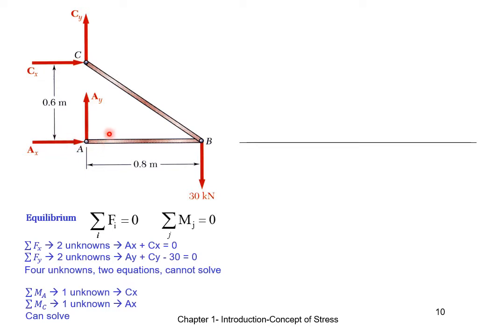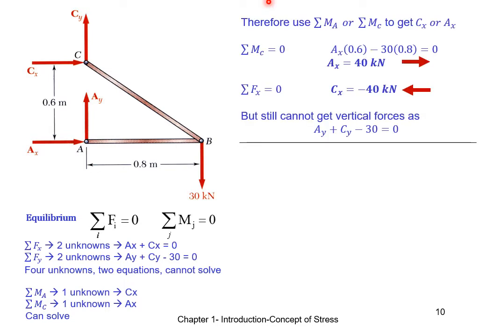For the summation of moments about C, we also have one unknown, which is Ax. As such, we are able to solve for Cx or Ax. In the exams of CA, the problems given to you will definitely have a solution. If taking of forces does not work, you should try to take moments about different points until it works.